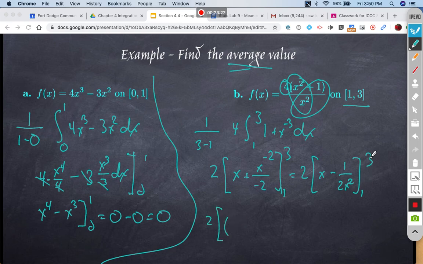So we first plug in 3. 3 minus 1 over 3 squared is, let's see. What did I mess up here?